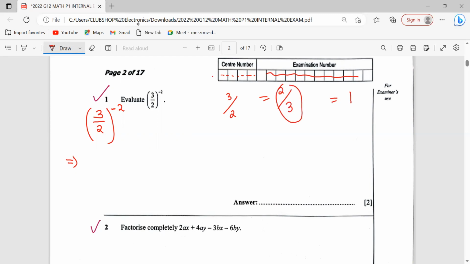So this is our inverse. The reciprocal of 8 over 3 is equal to 3 over 8. That is a multiplicative inverse. So the negative here is telling you to get the multiplicative inverse. So it's going to be 2 over 3. Then you maintain your power 2. I hope that is okay.